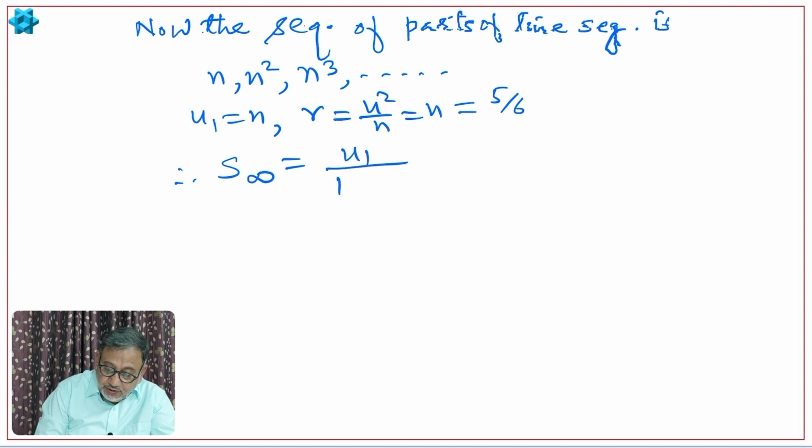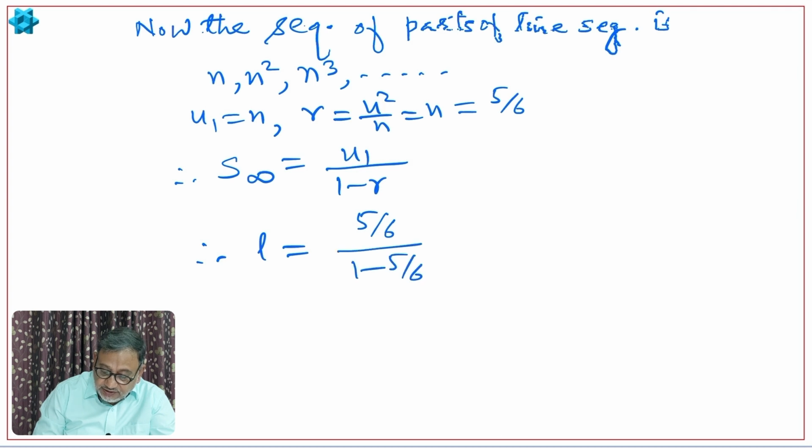So u1 upon 1 minus r, u1 is what? u1 is also 5 by 6 because it is n. So L is equal to 5 by 6 divided by 1 minus 5 by 6. So which will be 5 by 6 divided by 6 minus 5, 1 by 6.